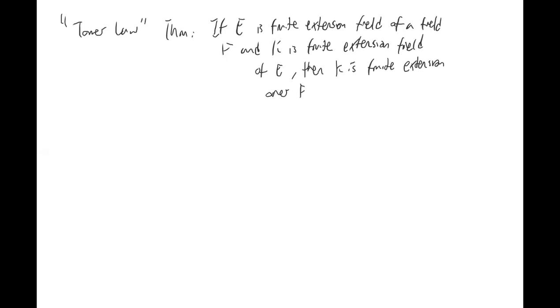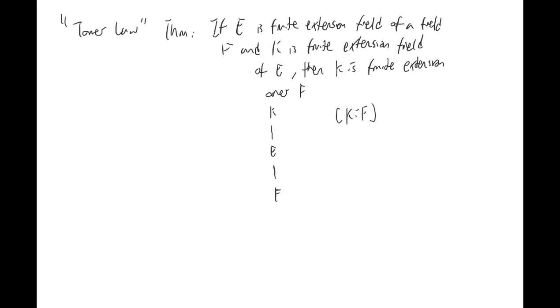And what else do we know? We have this certain picture: E is a finite extension of F, K is a finite extension of E. Then this is also a finite extension. So finite with finite gives finite. And we know more.